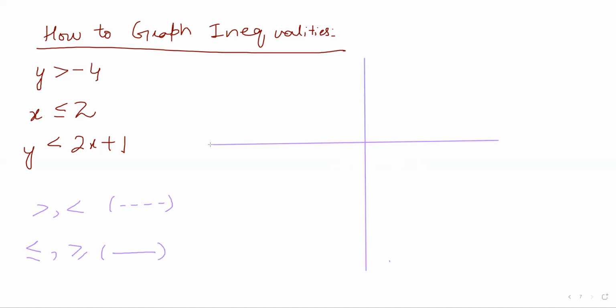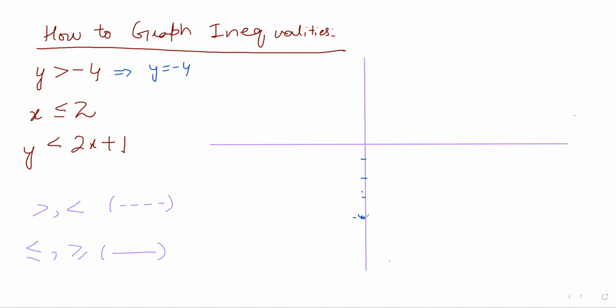Got it? Let's check how to plot y is greater than -4. Consider y is equal to -4. It will be a horizontal line at -4. So this is -4.